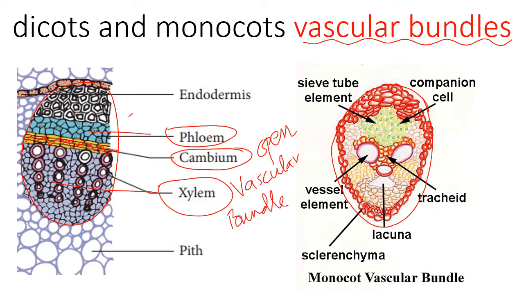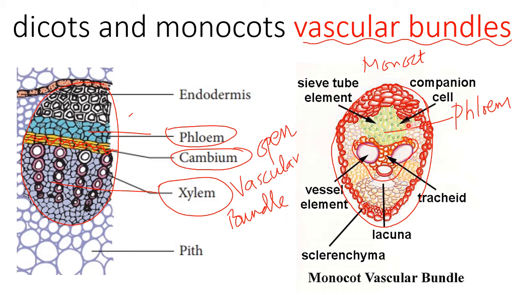Whereas if you look into this monocot, you will see xylem, this part. You will see phloem, this part. But if you look here neatly, anywhere, you cannot see a patch of cambium.